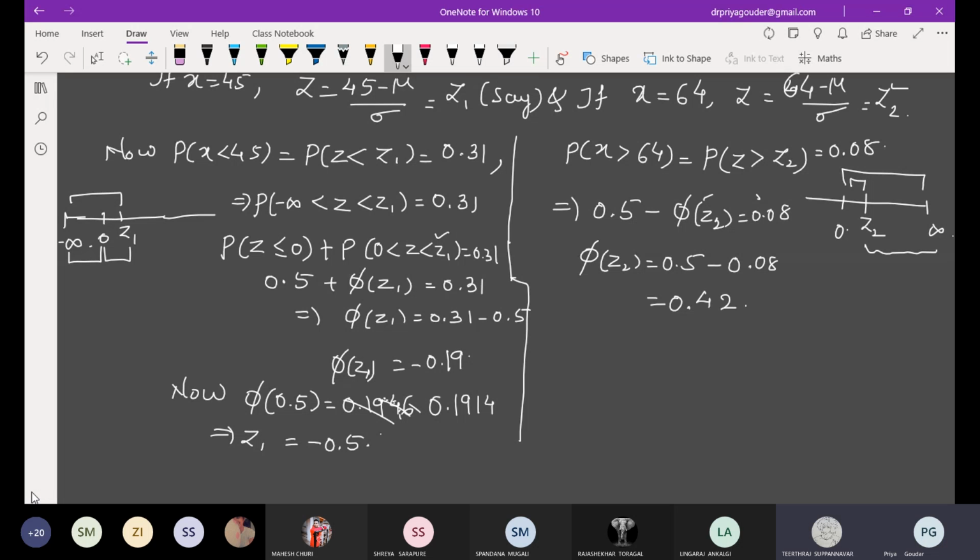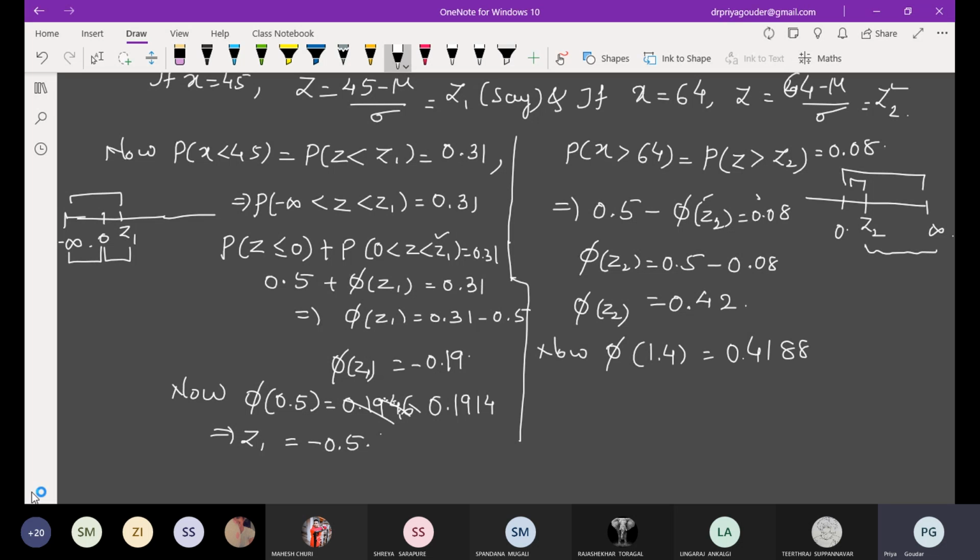Now again you need to search in the table which value is giving you 0.42. Again I'll tell you one way so that I can save time. Just check for 1.4. 0.4192.